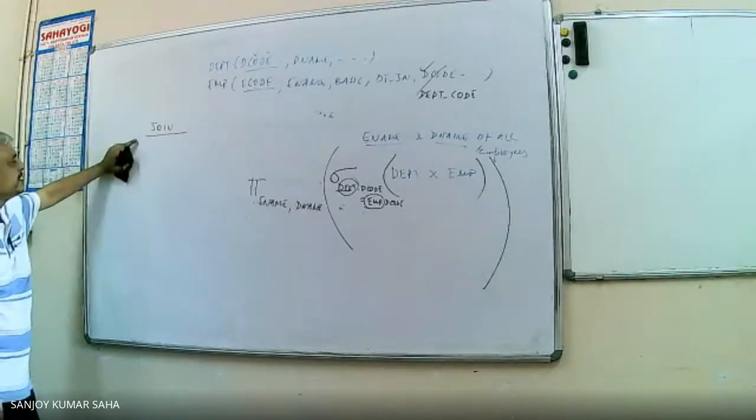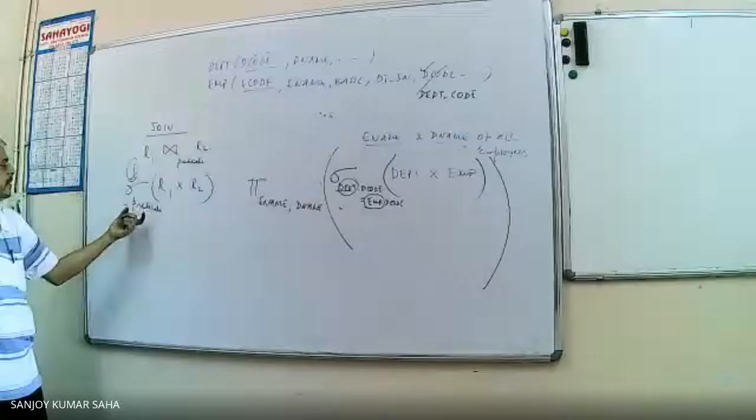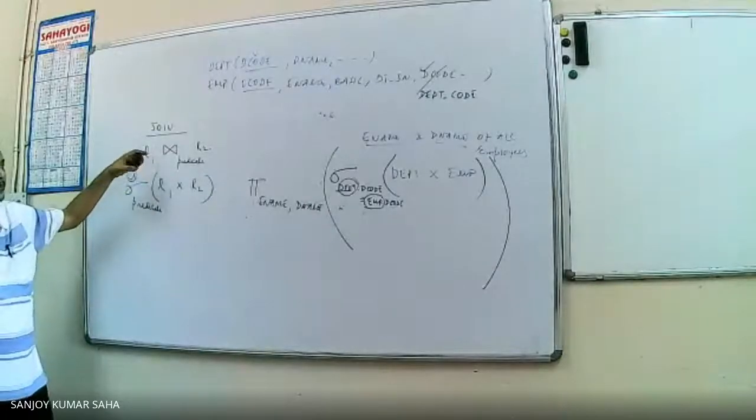See, the core of this particular thing is our Cartesian product and filtering, we can go for this join operation.